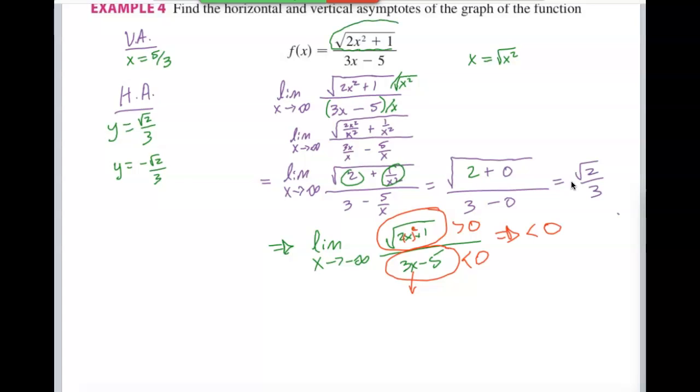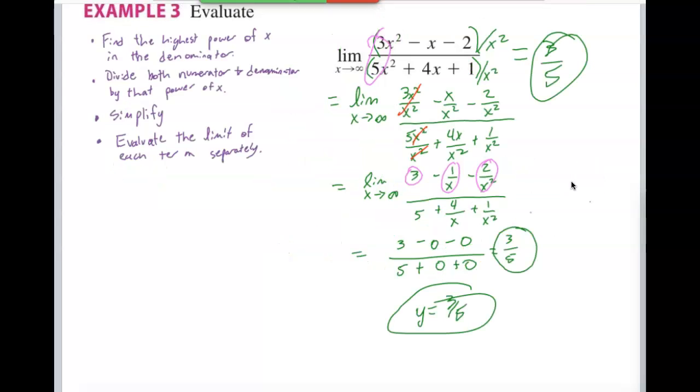The only thing that's actually making that occur is this square root with x squared under it, right? If both terms in the numerator and denominator were x squared, like in the last example, if we approached negative infinity, we would get the exact same 3/5 because the behavior is the same.